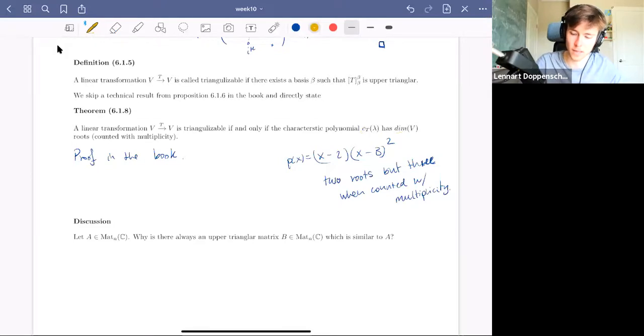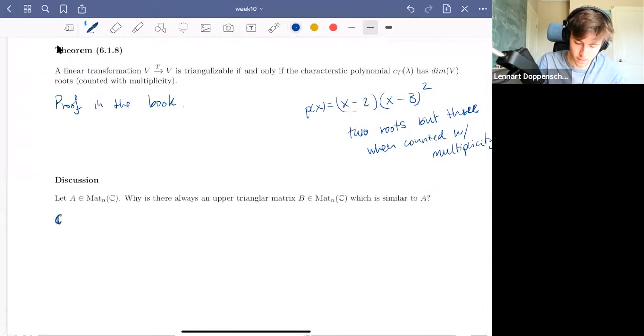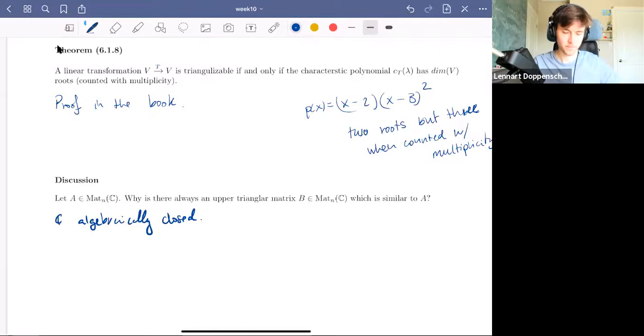Yeah, we need to use that C is algebraically closed. And how do we proceed?